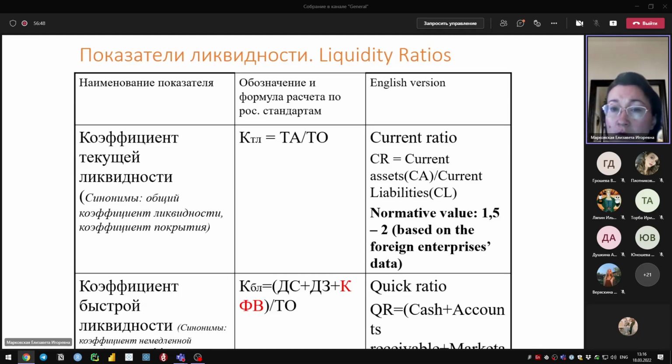So it is your task as a financial analyst to choose, from all of the marketable securities you have in the financial reports, only those that are most liquid. You have to choose the most liquid marketable securities yourself.